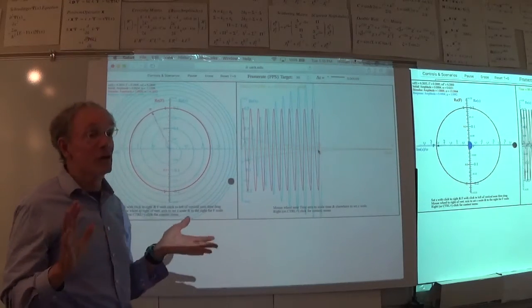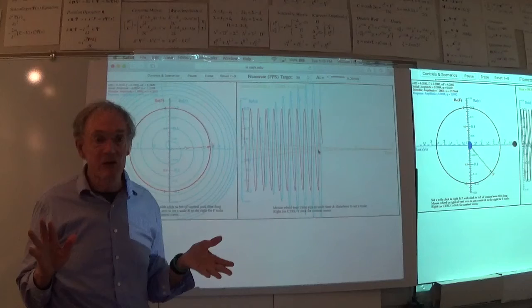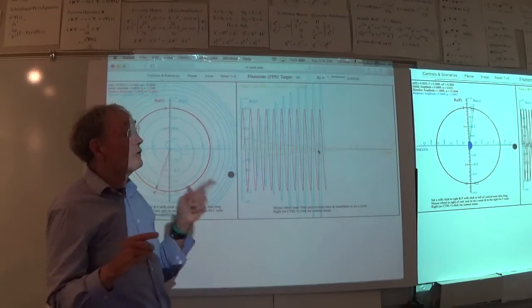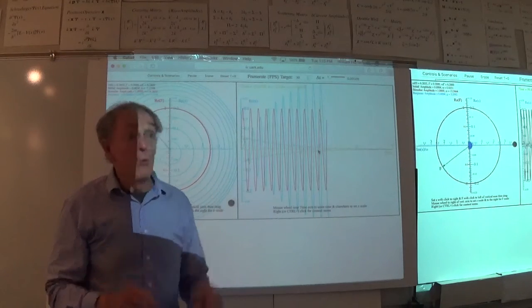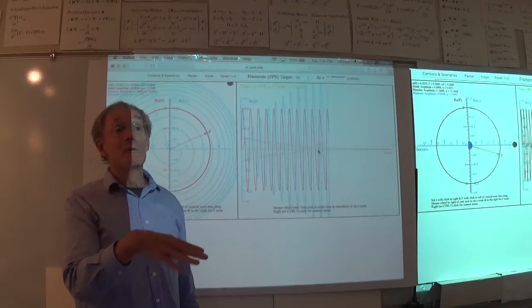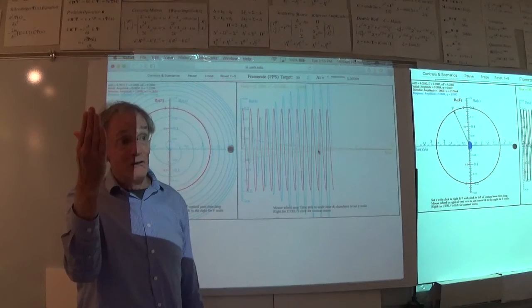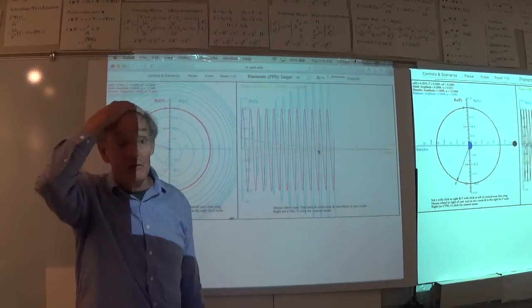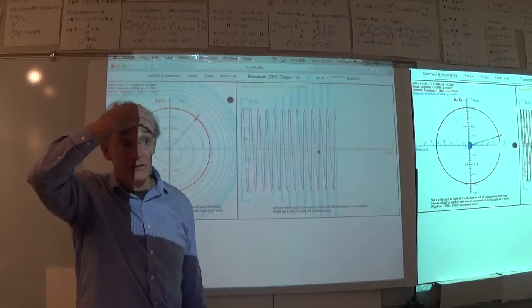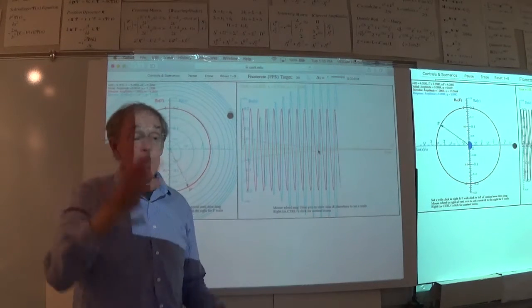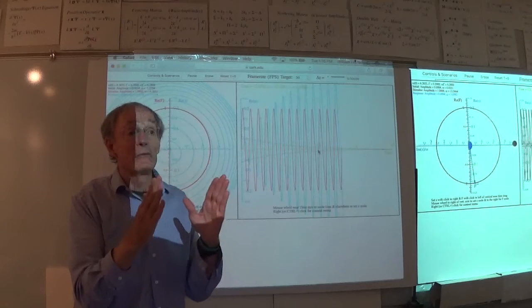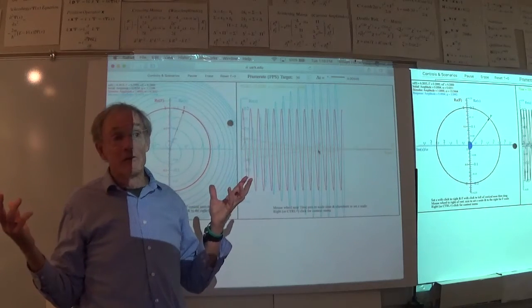That's being pi over 2 out of phase. That's what it means to have the force in phase with the velocity. And remember, the velocity is pi over 2 out, when we were doing our very first phasor analysis. So having the product of F times V be maximum, that's work, force times velocity.